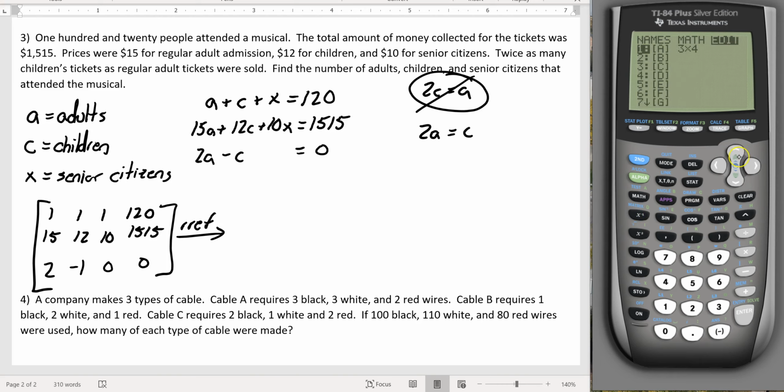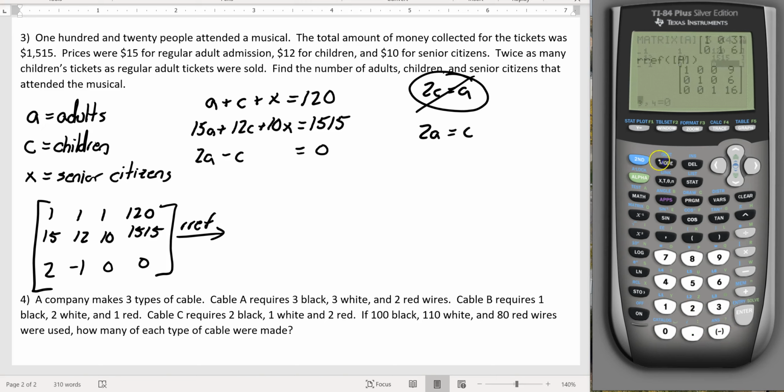Oh, no, we got to edit first. Sorry. 3 by 4. So we have 1, 1, 1, and then 120. We have 15, 12, 10, and then 1,515. And we have 2, negative 1, 0, and 0.